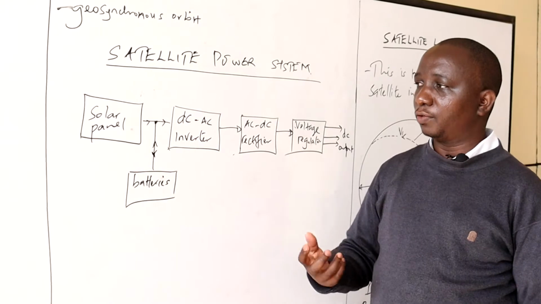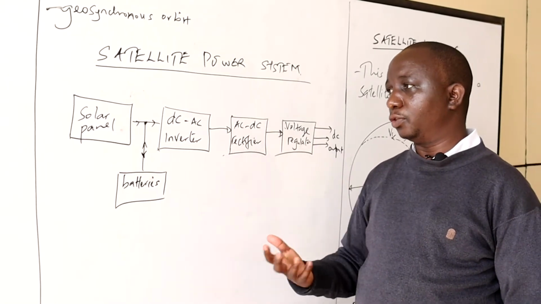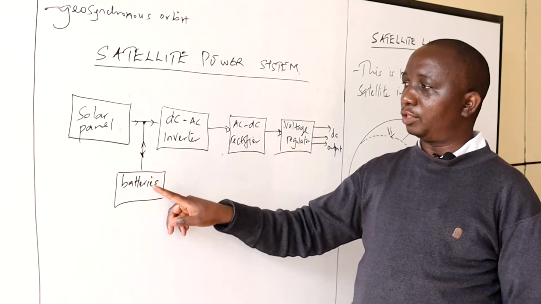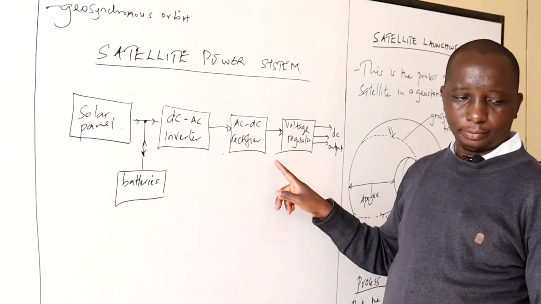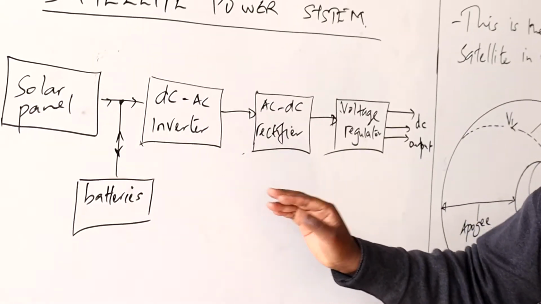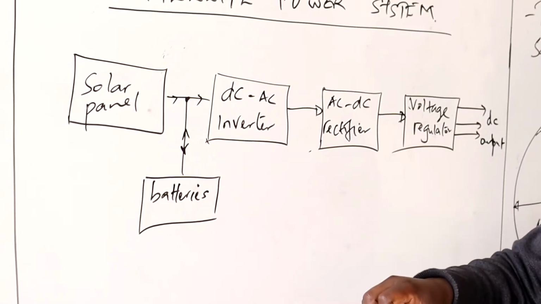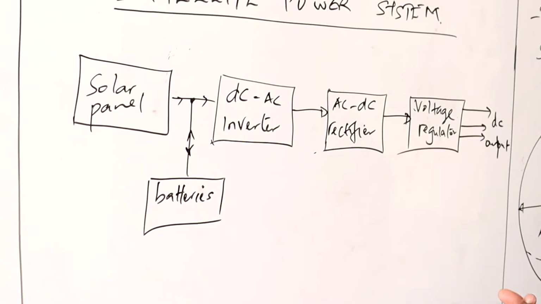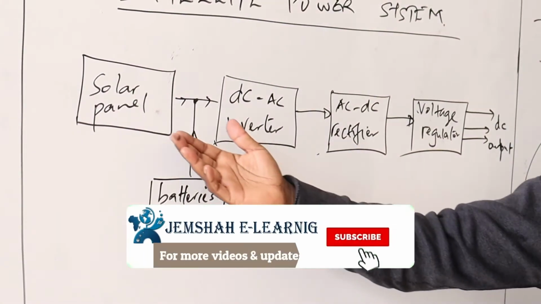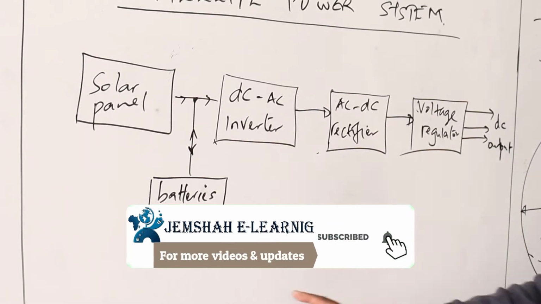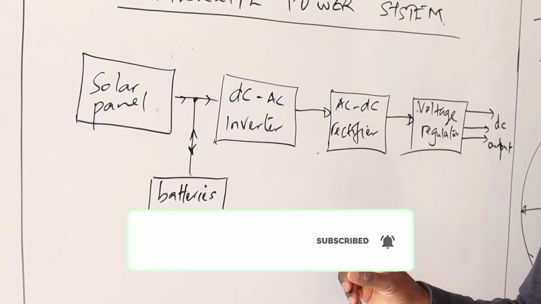So that during the evening when there's no sunlight, the battery is able to supply the entire system. During the day, you are able to use the direct electromagnetic waves from the sun, but during the night hours, the batteries support the entire system.